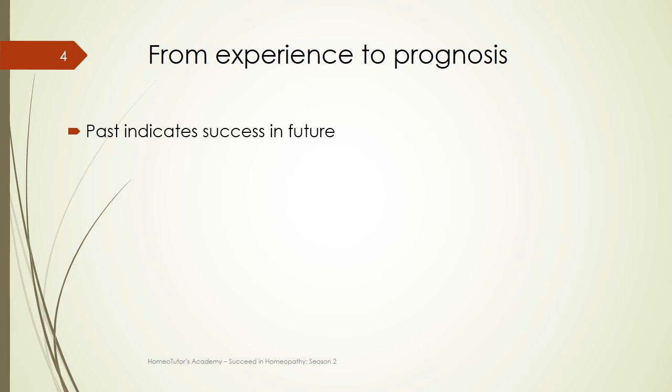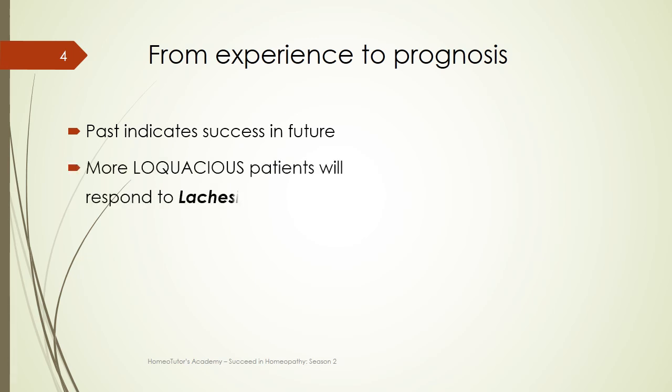Take for example, loquaciousness. Now, one remedy that comes to the mind immediately is Lachesis. So we say that more loquacious patients will respond to Lachesis than patients for whom other remedies are indicated.